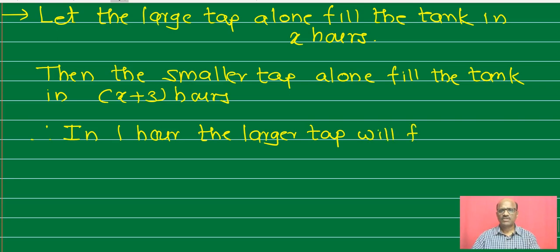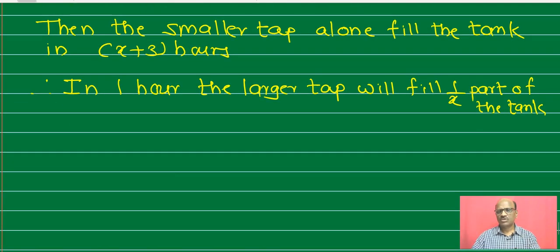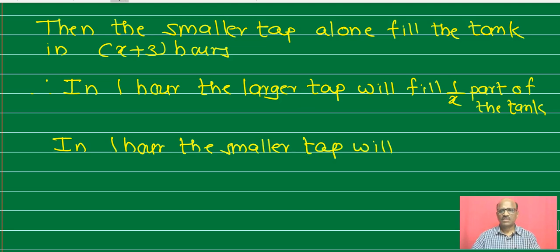Whenever smaller tap will fill 1 upon x part of the tank. एका तासात किती भरणार तो मोठा टॅप 1 upon x part of the tank. In 1 hour, the smaller tap will fill 1 upon x plus 3 part of the tank.